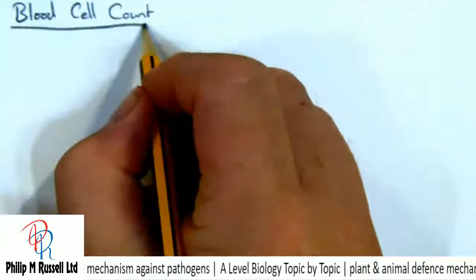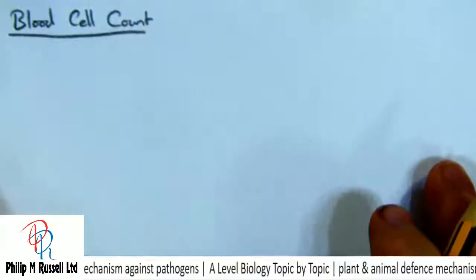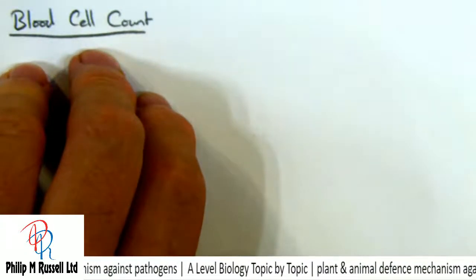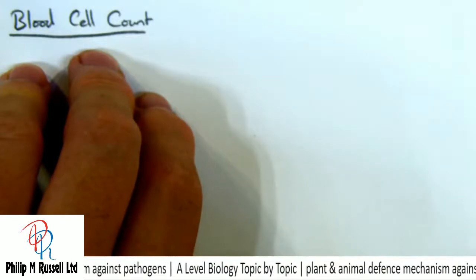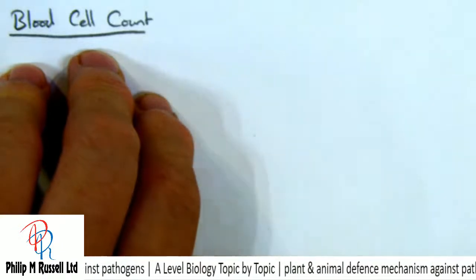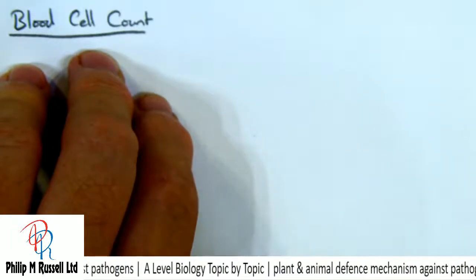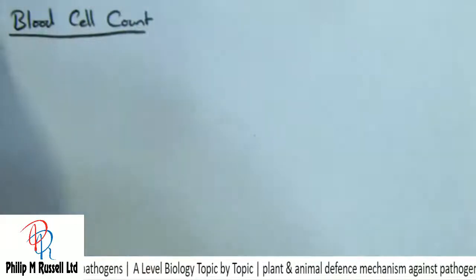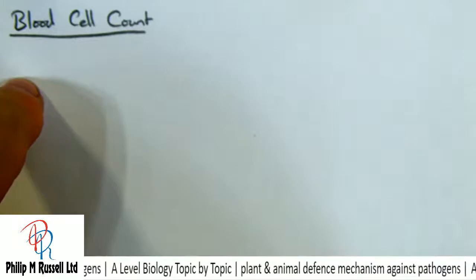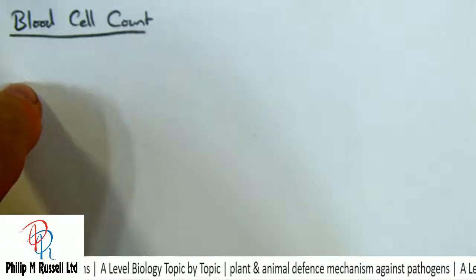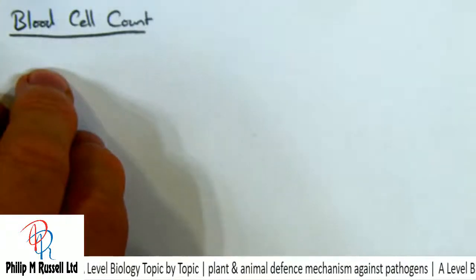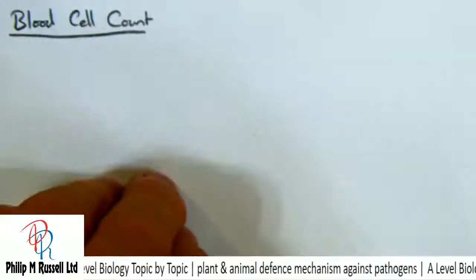You often see that when people aren't well, they have a blood test and they take some sort of cells and look at the number of red blood cells and white blood cells. You've probably done this and had a go at it. So this skill of taking a blood smear and then counting it is really quite useful.